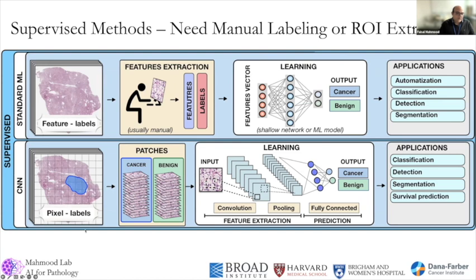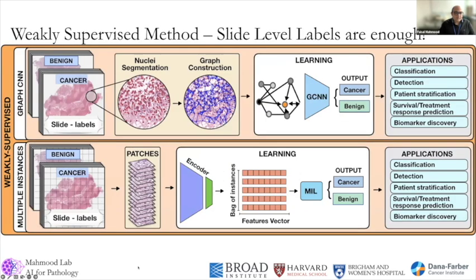It's a little bit far away from the way these cases are essentially collected clinically. A solution to this approach is the utility of weakly supervised deep learning methods. And these are much closer to how this data is collected, used, and analyzed in a clinical setting. So clinically, whole slide images or a series of whole slide images would get assigned a diagnosis, which would reside in a pathology report.